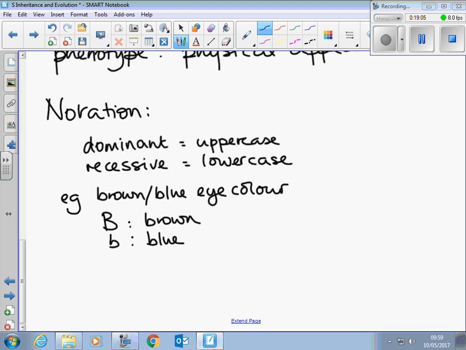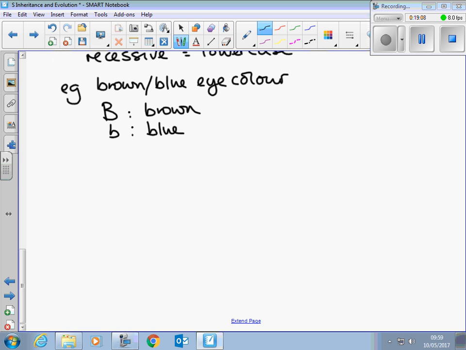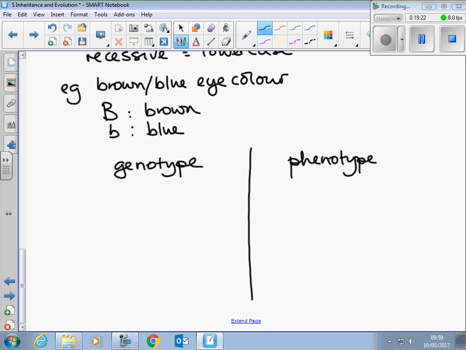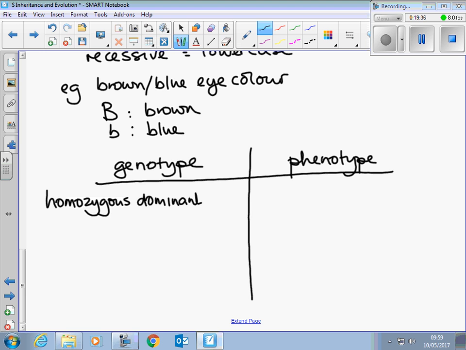Now, that means that you've got genotypes that can be expressed using those letters. So genotypes, I'm just going to draw a small table up here, and our phenotypes, just to use these words, and then I can go into the Mendel bit. For the genotype, you can have the homozygous dominant, which would be big B, big B. Phenotype, obviously, brown.